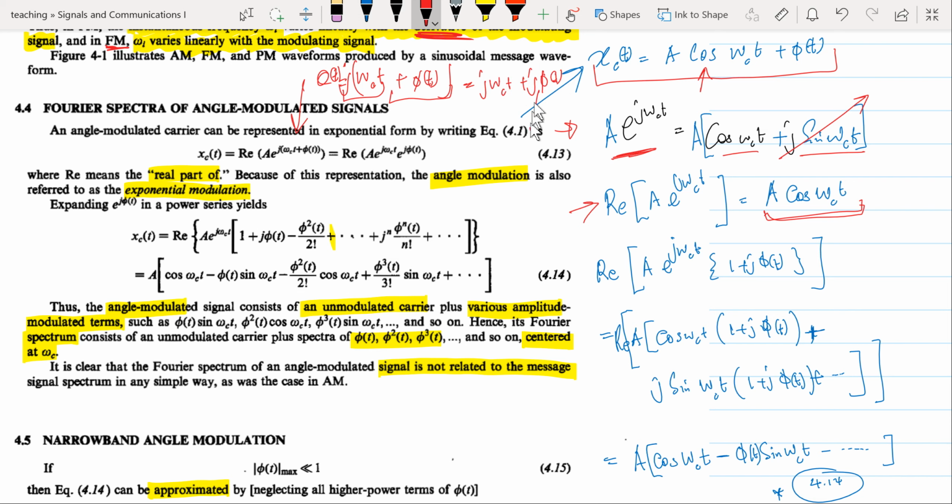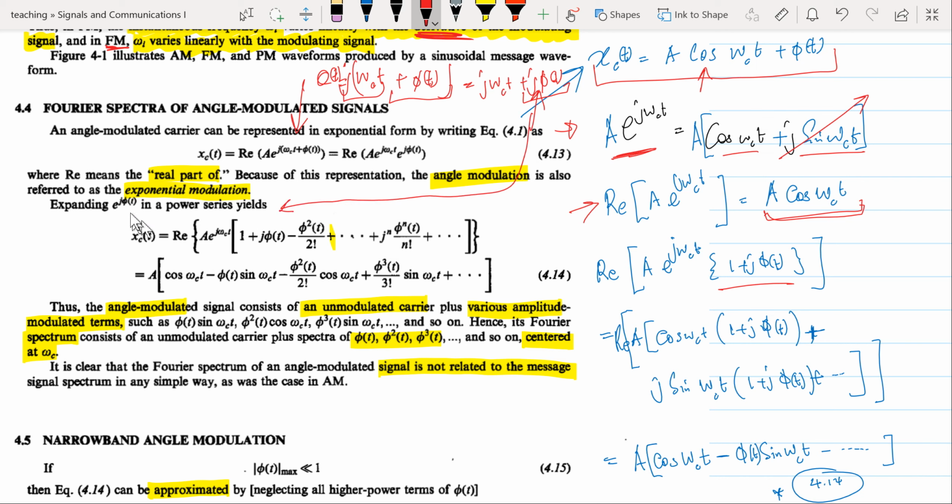Therefore, when you break this down again in the complex exponential form, it is going to give you what looks like this. And before we go too much, I just observe that here we are breaking this term using the power series.